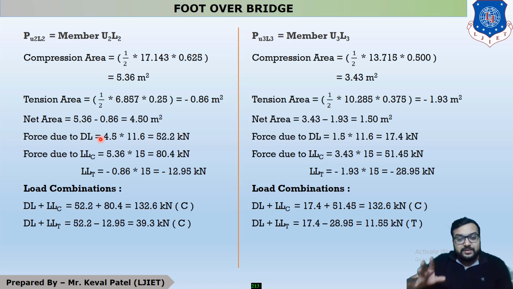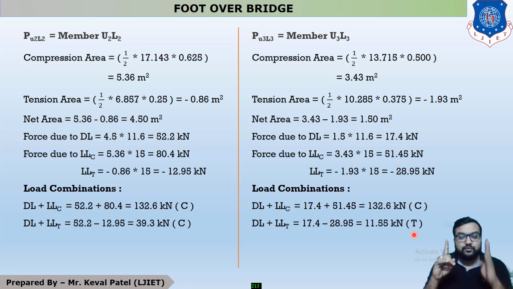Okay, now you can see that your answers will be like 132.6 kilonewton and 39.3 kilonewton and 132.6 kilonewton and 11.55, and the answer is in T. T means tension. So students, total 7 answers are there. For first member, only one answer.